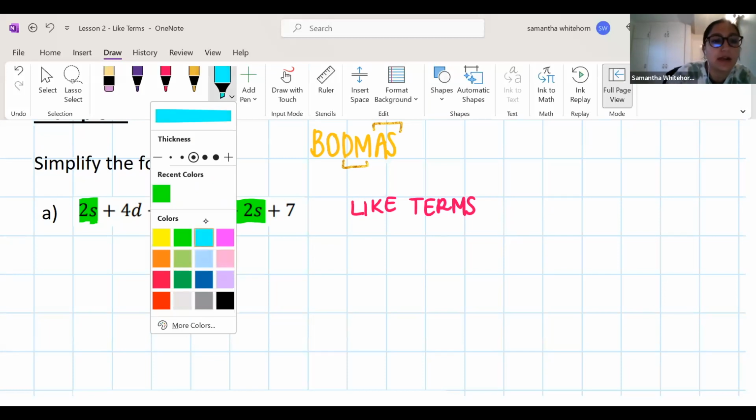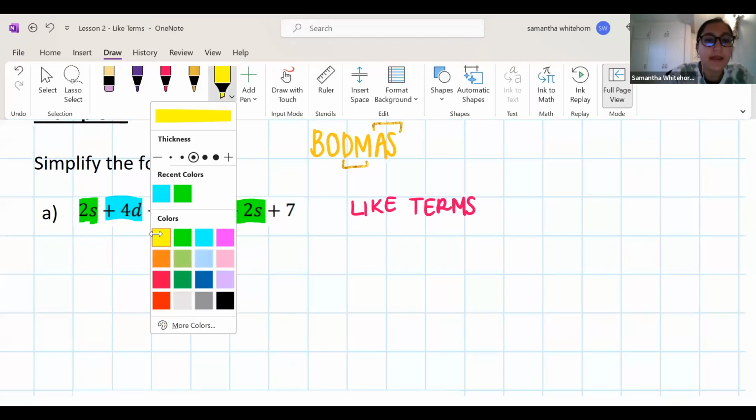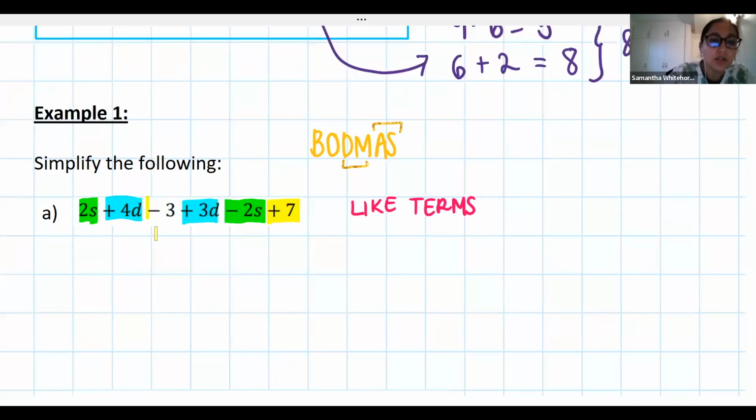So now I pick another color, or you start to underline, and we've got terms with a D in them. So we've got positive 4D, positive 3D. Those are then also like terms to each other. And then we've got our constant terms. Remember, a constant term is a term that just has a number in it. And we've got two constant terms, negative 3 and 7.